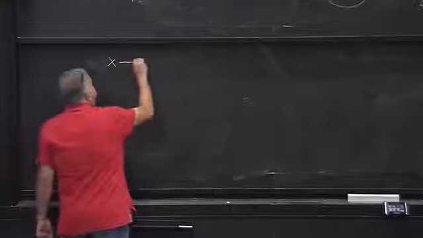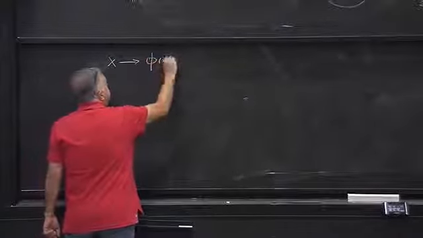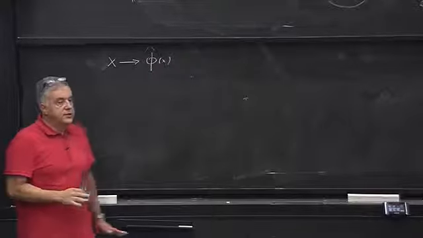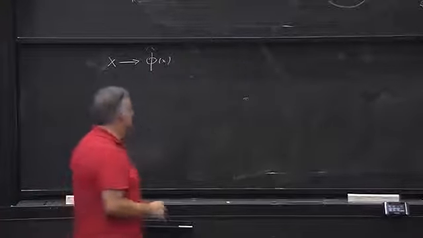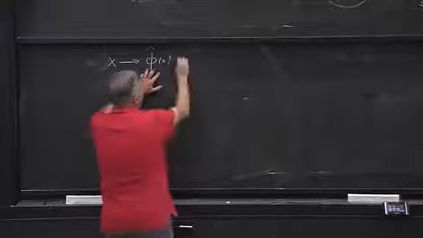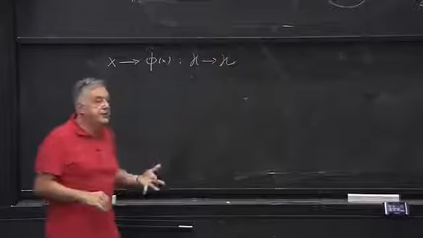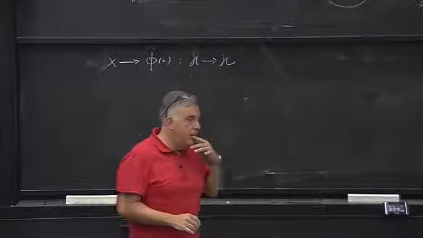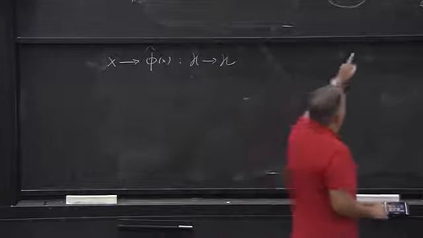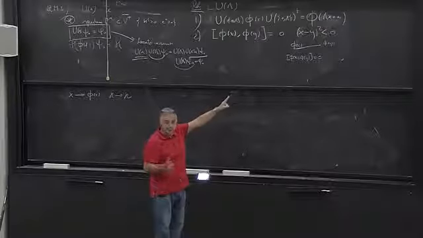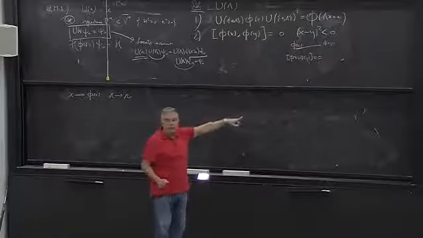The second statement is that the map x to phi of x does not exist. This means that this cannot be an operator in the Hilbert space unless it is trivial. This is a consequence of the Poincaré invariance of the theory or of the local commutativity.